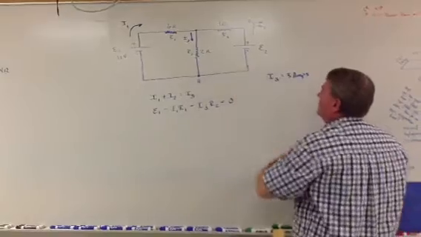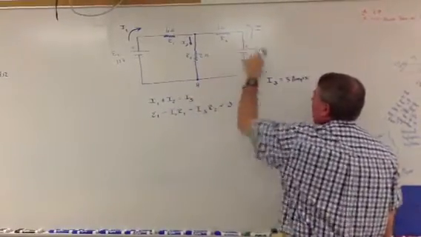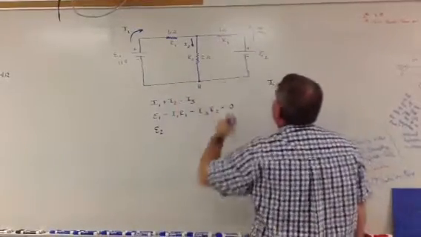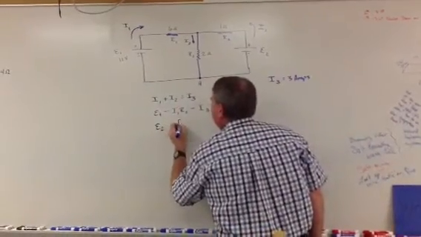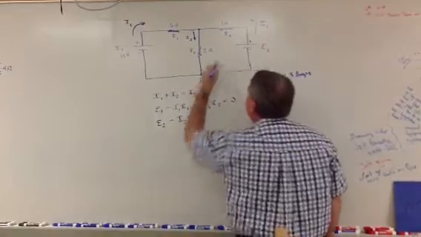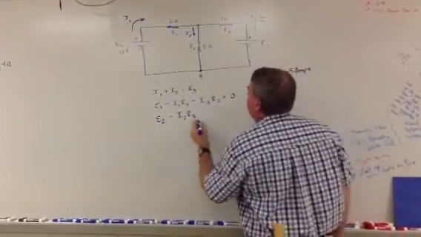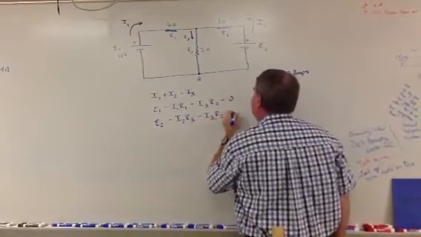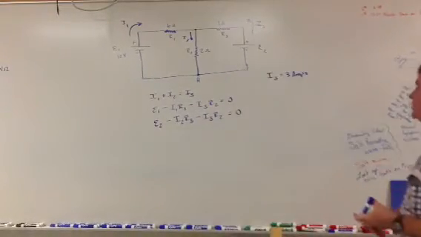Now we analyze the right-hand side, starting here, going up. That's going to be E2 minus I2R3. Coming down, minus I3R2 equals 0. All right, we have three equations.